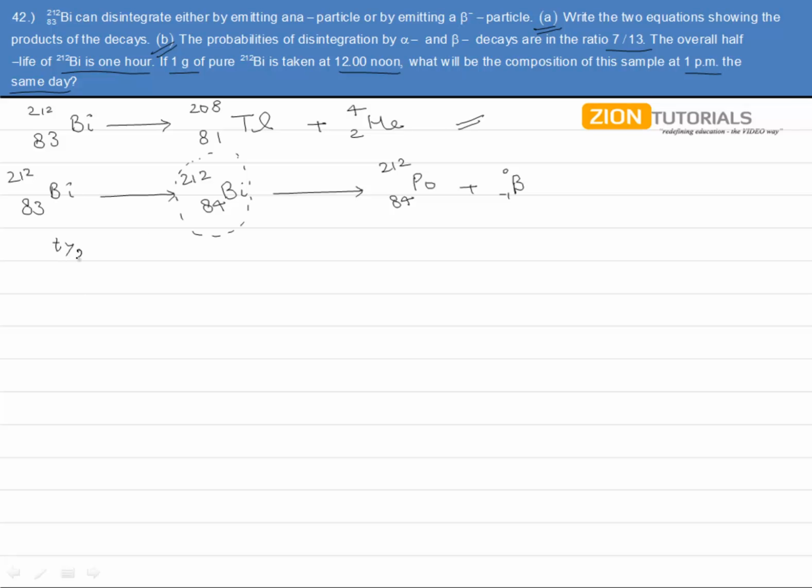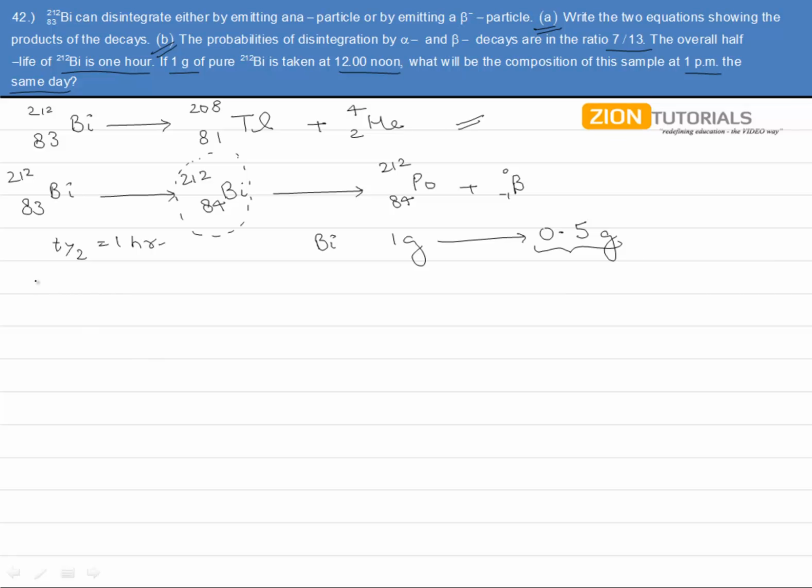We have been given that T half is 1 hour, right? So we have the bismuth initially as 1 gram and finally being 0.5 grams, because 1 hour is the half-life, and after 1 hour we are looking at the situation. So half of it will decay, half of it will be left, so 0.5 is actually left.